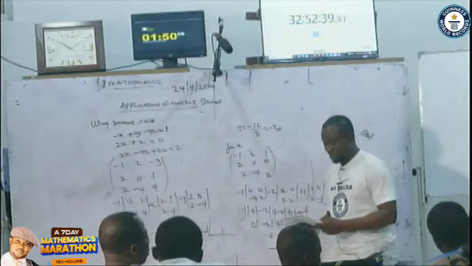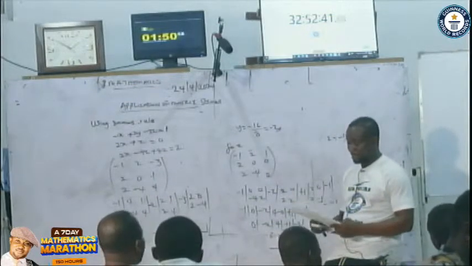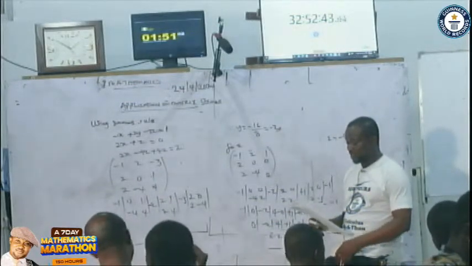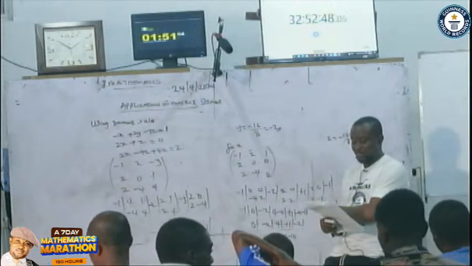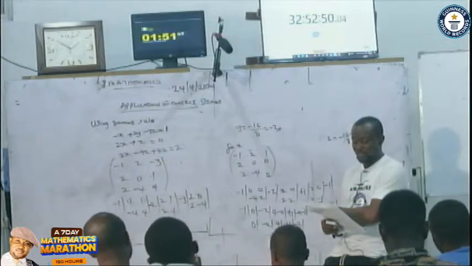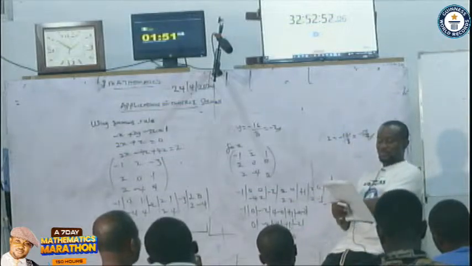In series and sequence, we have that a sequence is a succession of terms in such a way that the terms are related to one another according to well-defined rules.